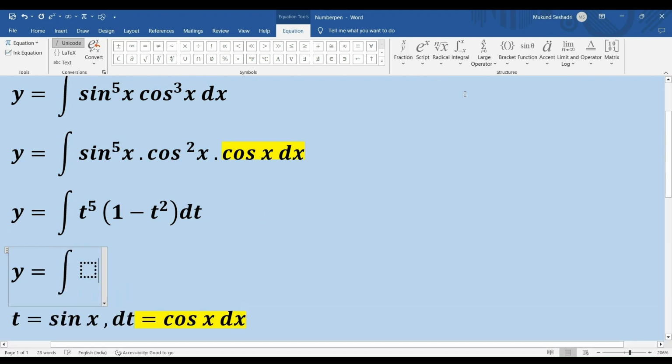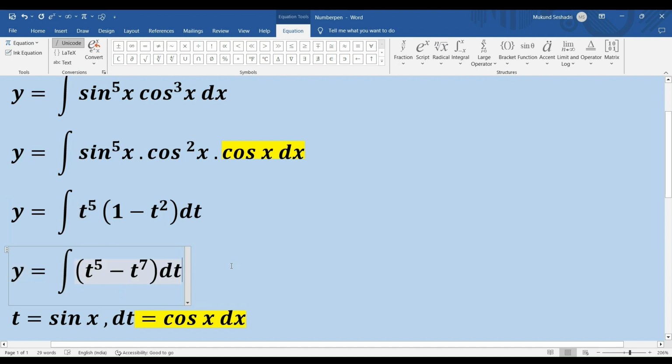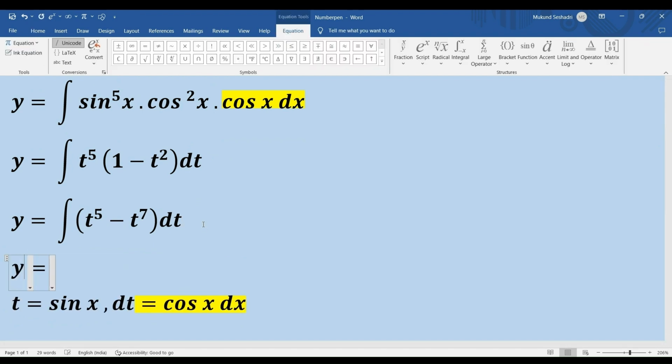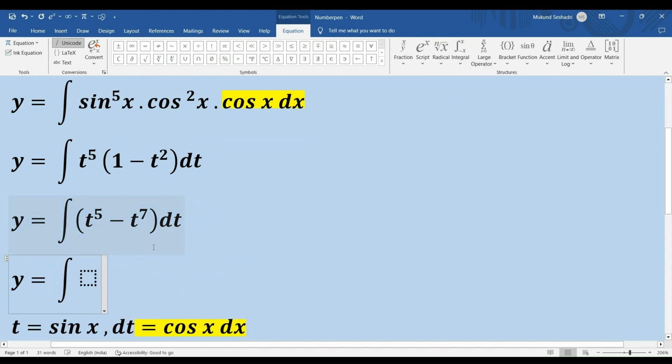I'm going to expand this, and when I expand, I notice that I will get t to the power 5 minus t to the power 7 times dt. From here on, I don't think it's very difficult. I'm going to apply the sum rule of integral and rewrite this particular expression y as the integral of t to the power 5 dt minus the integral of t to the power 7 dt.